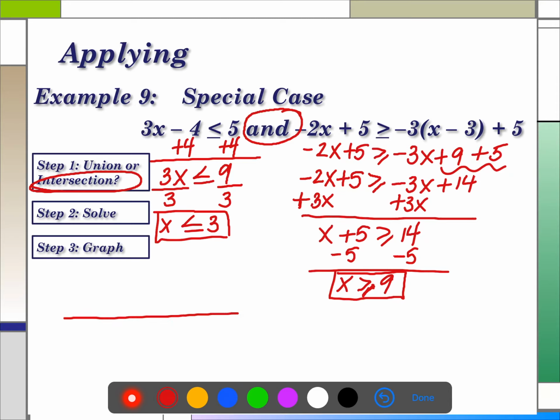All right, so I have my two answers. I'm going to put them on a number line. Okay, so it's an intersection, so I would want to shade the overlap. Okay, where are these two arrows overlapping? There is none here.